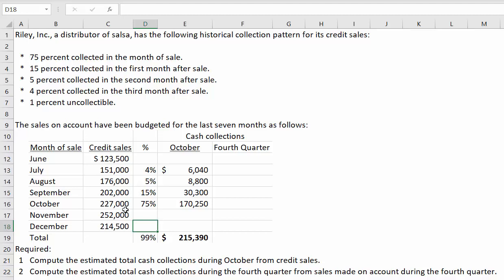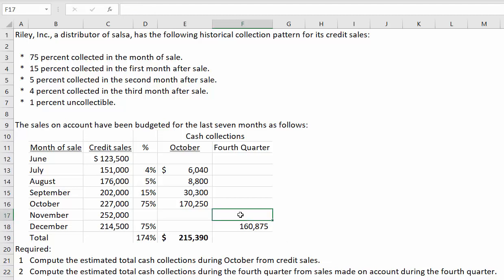So if we put in 75% here and we multiply across 214 times 75%, we know we're going to collect 160,000 in December. Okay, but we're going to collect some other amounts too. And this gets a little bit more complicated.